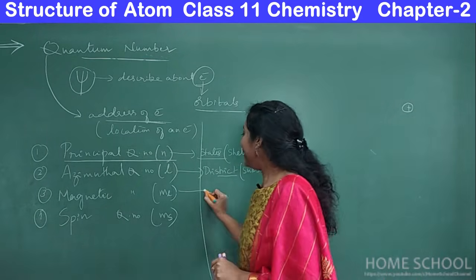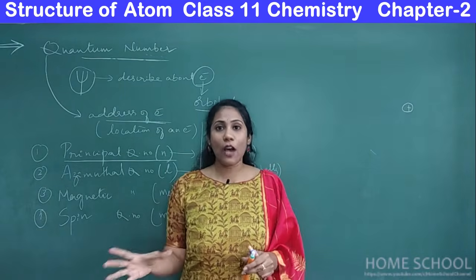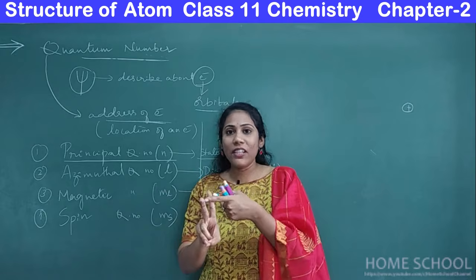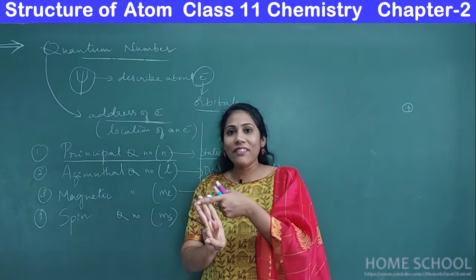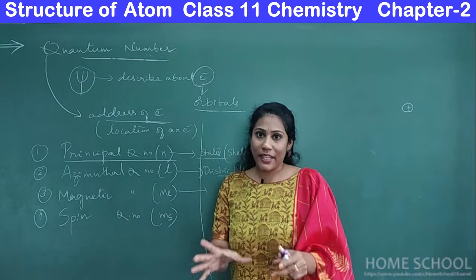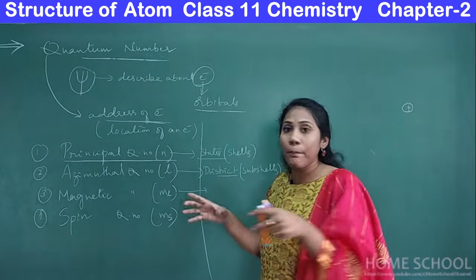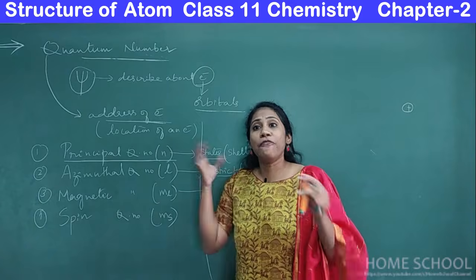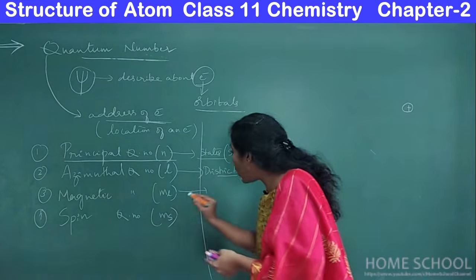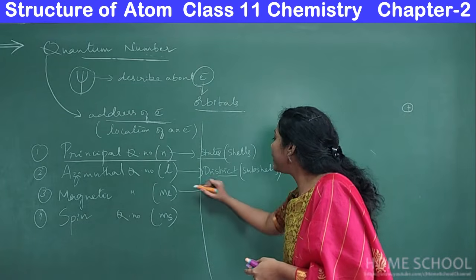Inside a district you have a town. First I mention my state, then my district, then my town. You are living in a town, so most of the time people can find you staying in that town. So town is what we mean by orbitals.